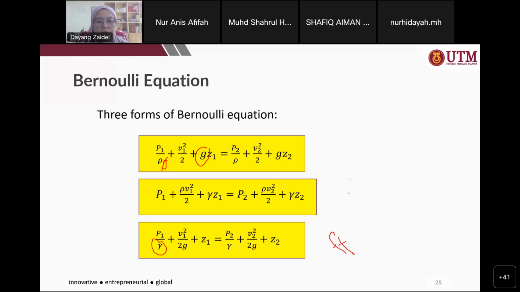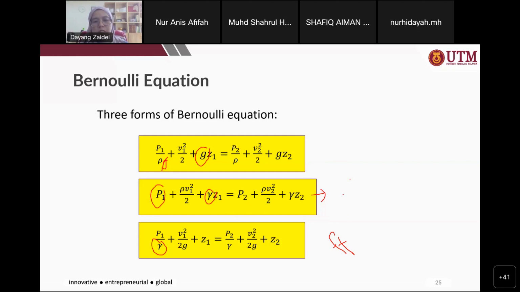This one you multiply by rho g, with the gamma here. Gamma is pound per feet cubed times feet, so it will be pound per feet squared. So it's the unit of pressure. It's just the difference in unit, because sometimes the question will give you a tricky question.